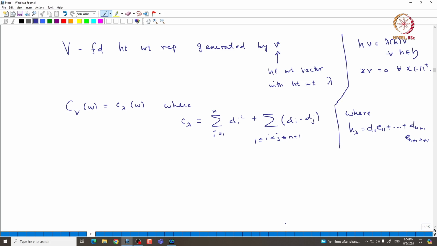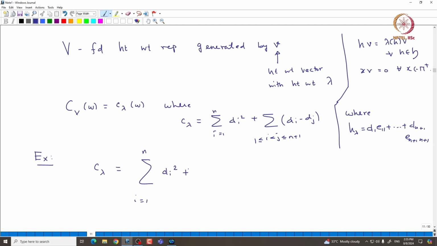And we can actually simplify this scalar. I will leave that as an exercise. If you take the C lambda, then you can simplify the second sum. Actually, you do not need the second summation.